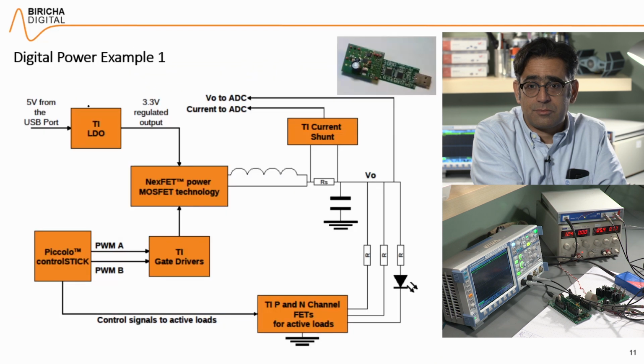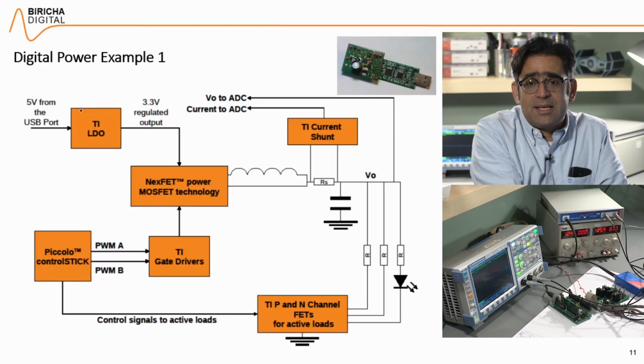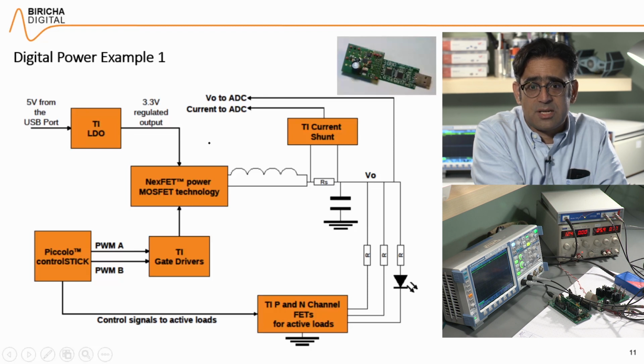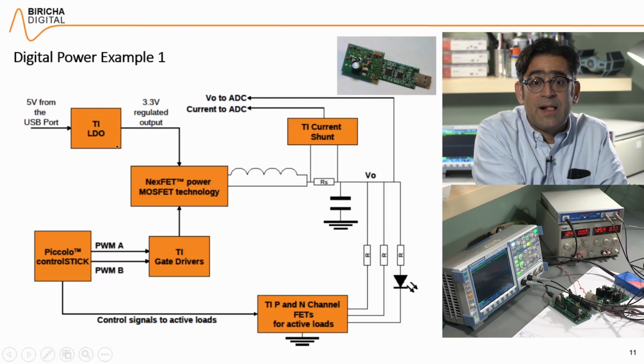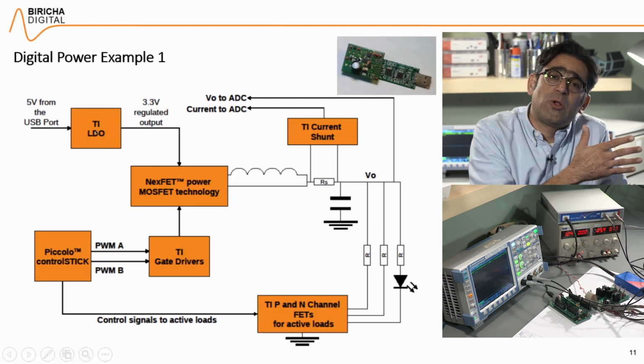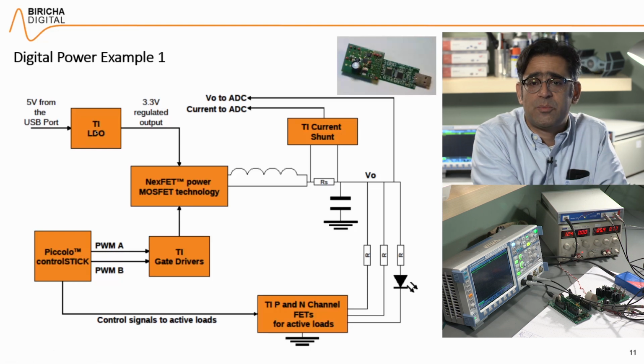Okay. This is what is happening on the little board here, the power board and the microprocessor. So first you have got a Piccolo stick over here, and then you have got some TI gate drivers. You've got some NexFET MOSFETs. There's an LDO that takes the 5 volts of the USB and converts it into 3.3 volts.